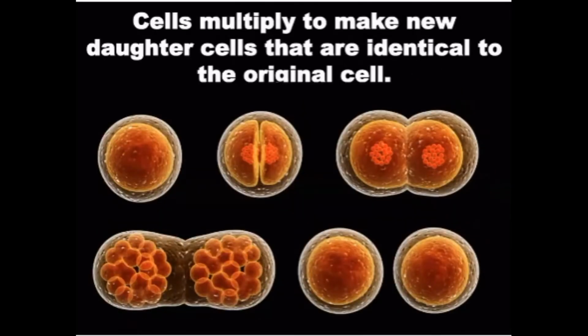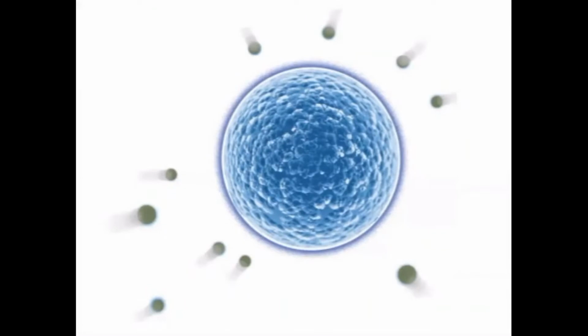Now, cells multiply to make daughter cells that are identical to the original cell in every possible way. So if a cell is unhealthy, it produces 2 unhealthy cells. And the more unhealthy a cell is, the more unhealthy the daughter cells are.